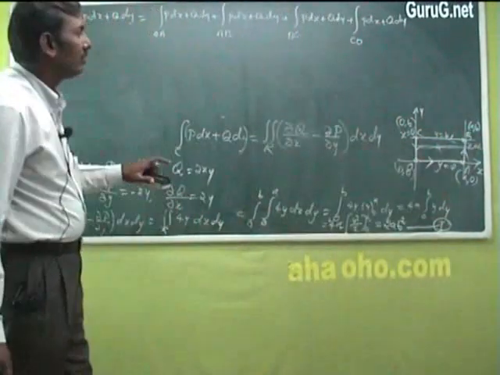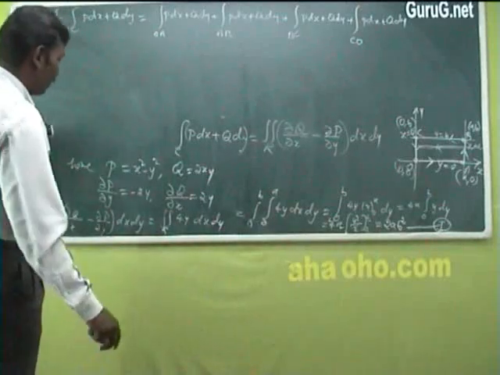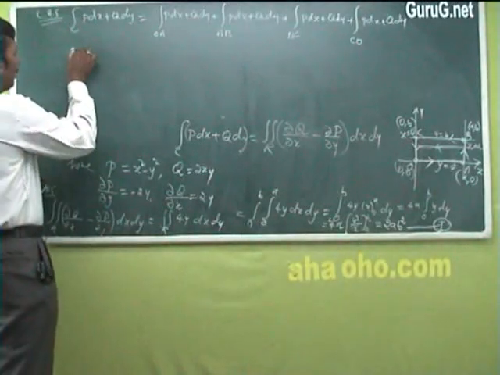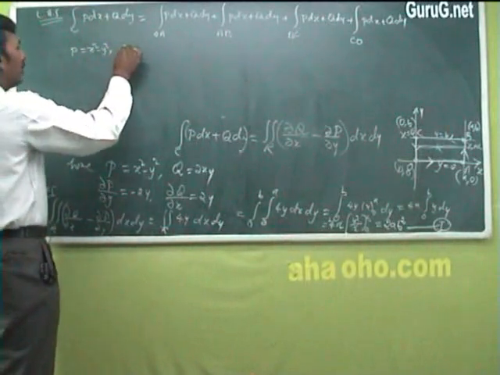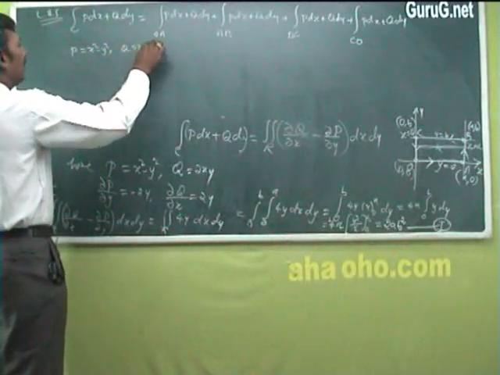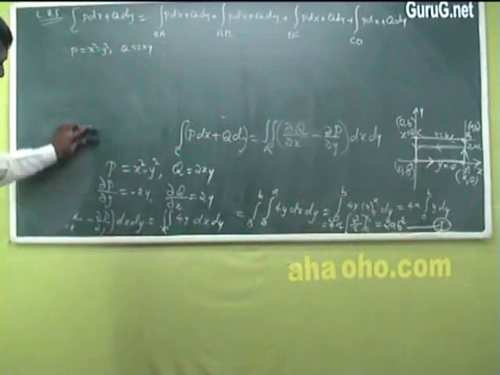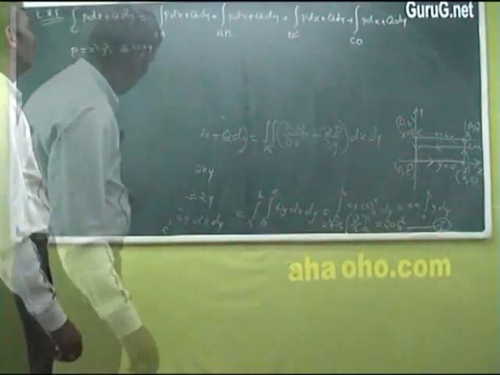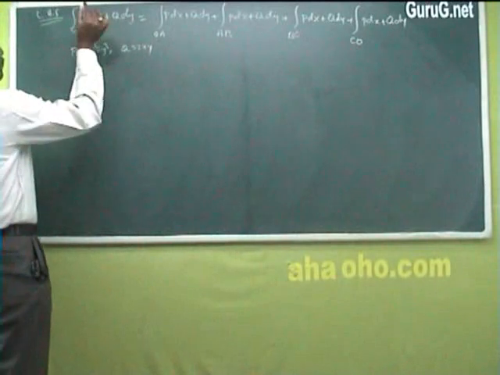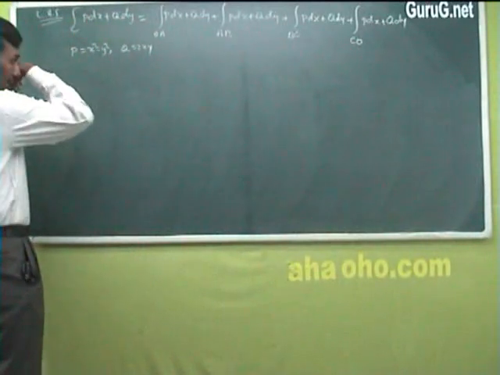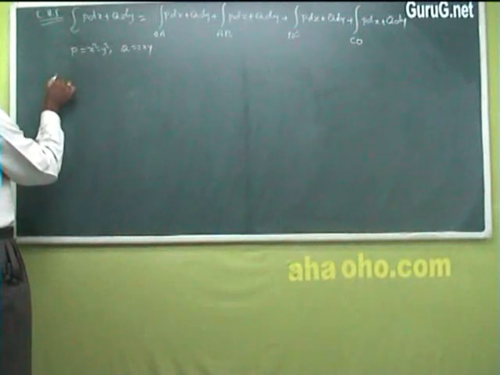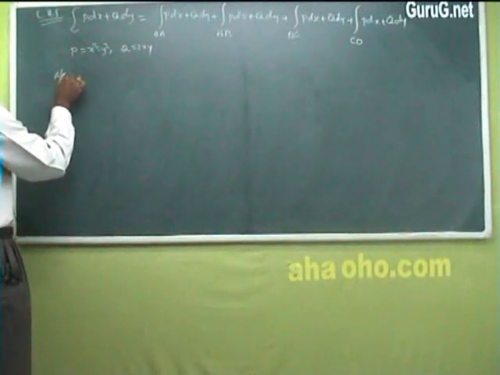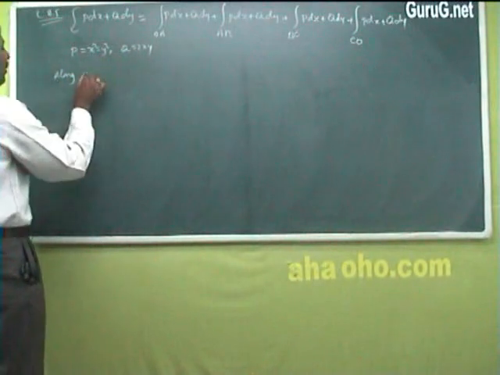Right. So now we take the first one. What is p here? p equal to x squared minus y squared and q equal to 2xy. So this is the result we have. So p dx plus q dy along OA.